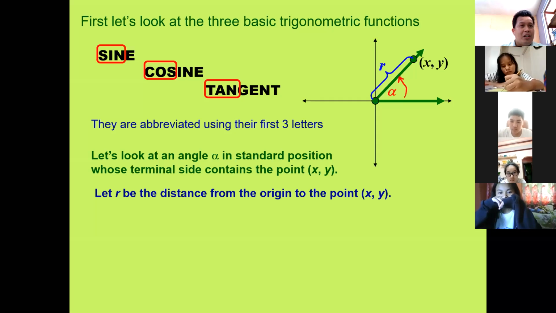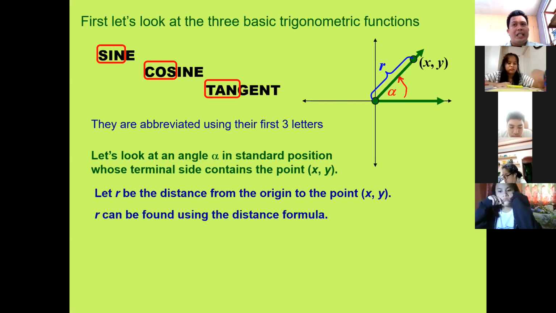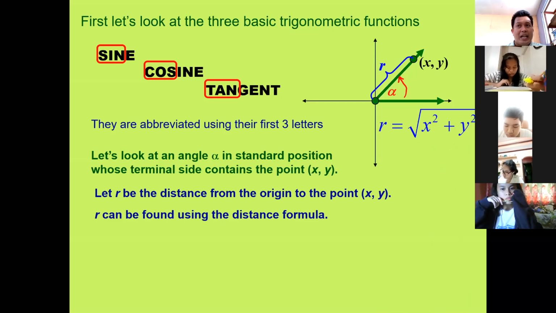Again, r or modulus is the distance from the origin to the point. We can use the distance formula, but I already derived the final formula: r equals the square root of x squared plus y squared. You can also find that in the module.